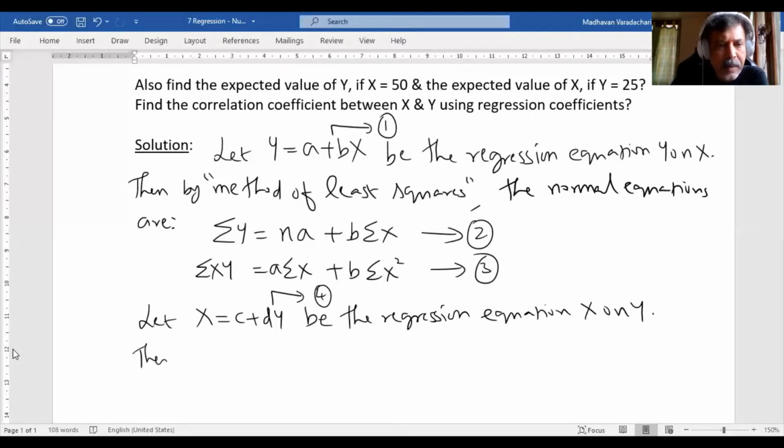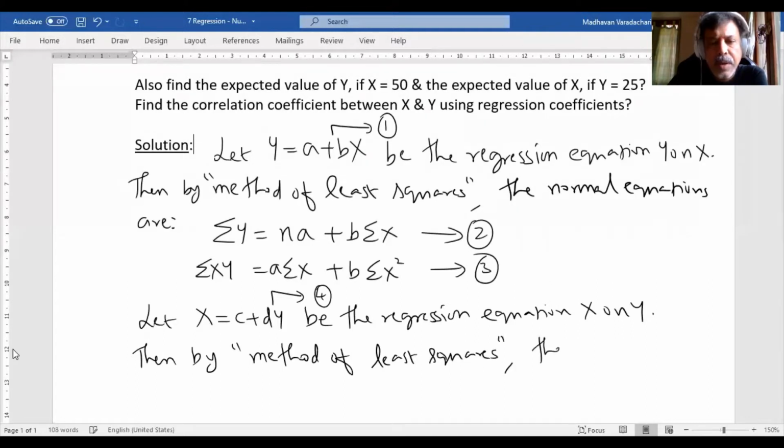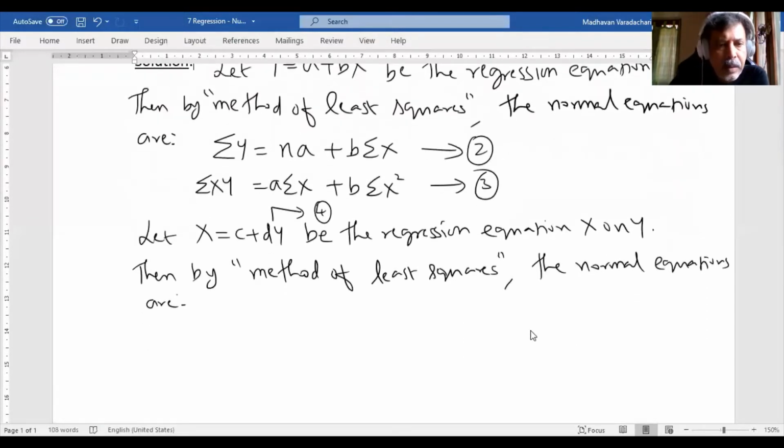Then by the method of least squares, the normal equations are: first one, summation x equal to n times c plus d summation y.